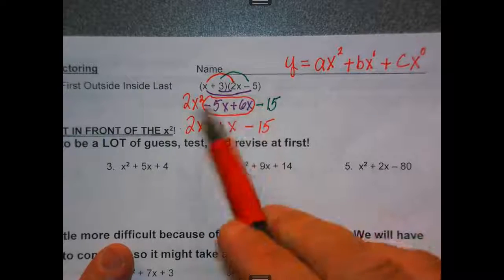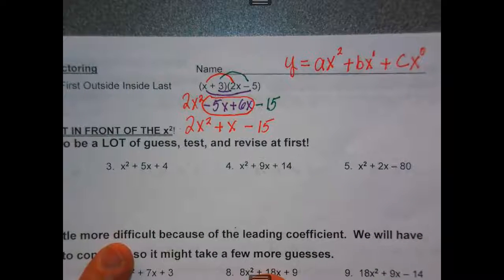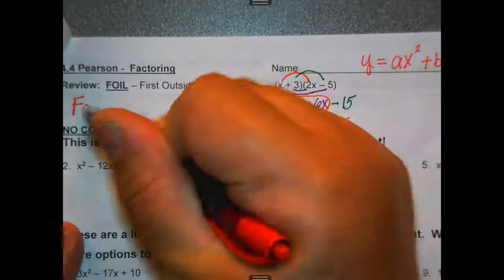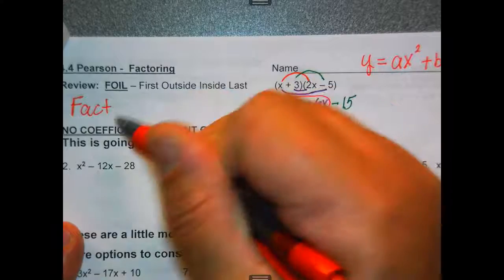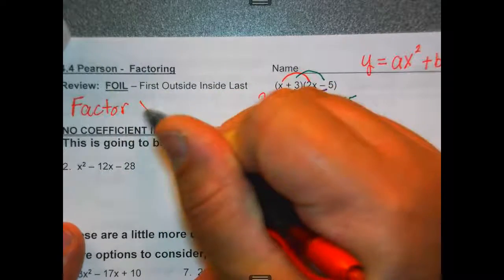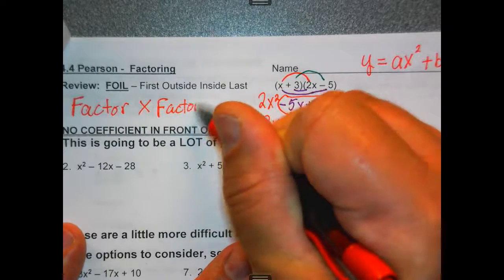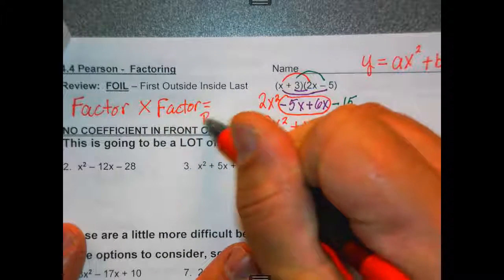Now, this binomial times a binomial, what that really is, is two numbers being multiplied together, correct? I'm taking a factor times a factor, and I get a product.